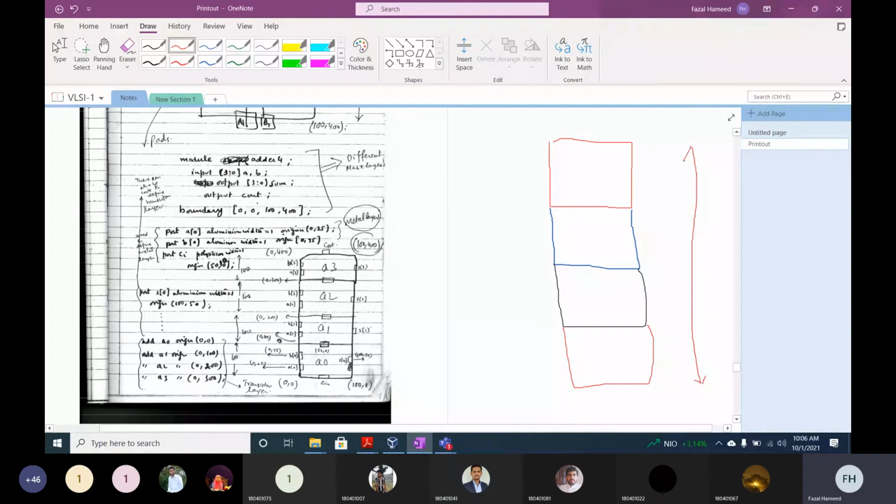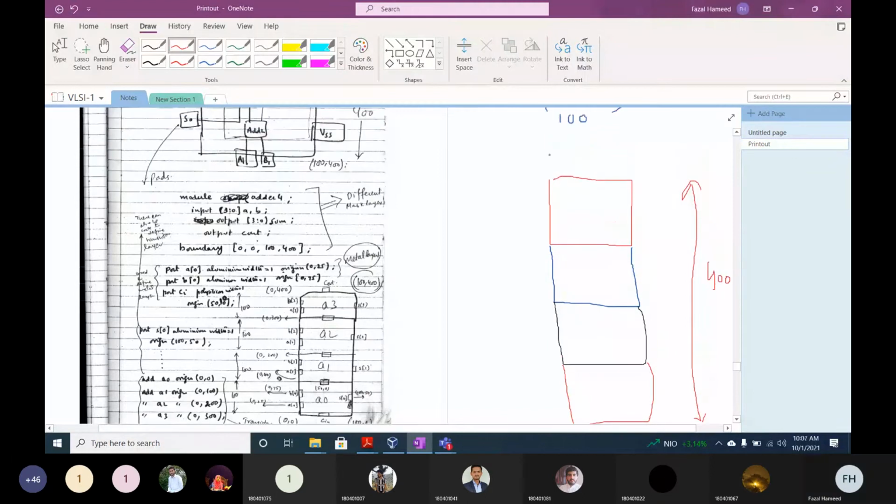Why 300, beta? Sir, the bottom one was not drawn earlier, there was a lag. Okay, no problem. So this is now 400. So the height is now 400, and the width is now 100. Am I right or not?